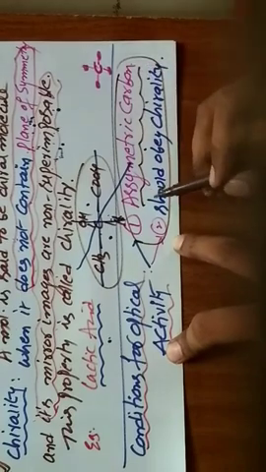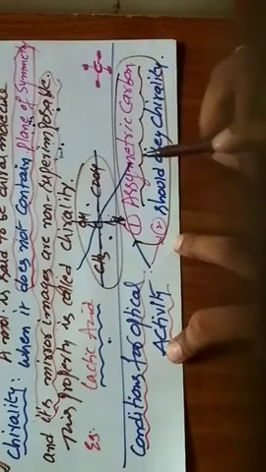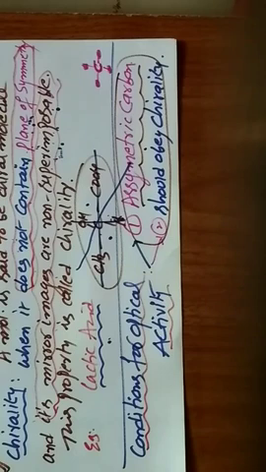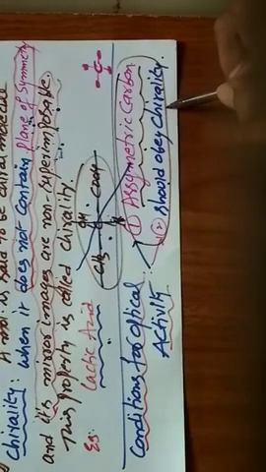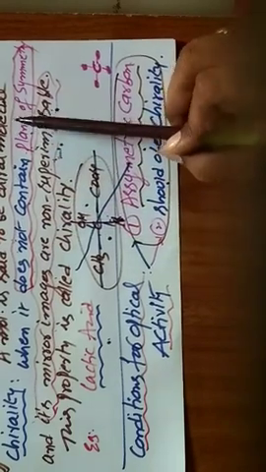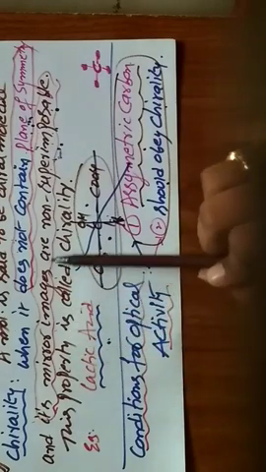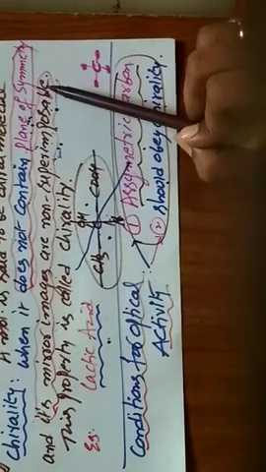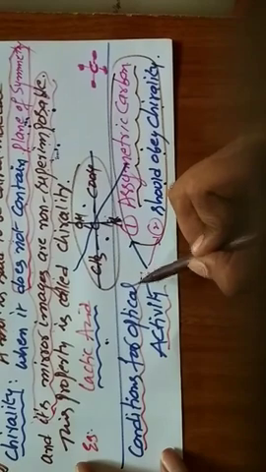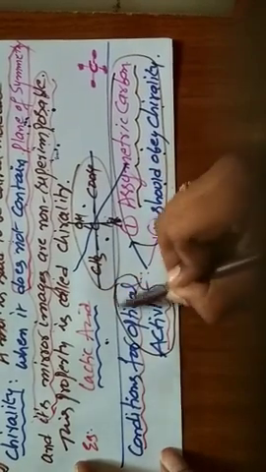That means the molecule should contain at least one carbon having four different groups or group of atoms. The next condition is that the molecule should obey chirality. Chirality means it does not contain a plane of symmetry, and its mirror images are non-superimposable. A molecule that obeys these two conditions must exhibit the optical activity property.